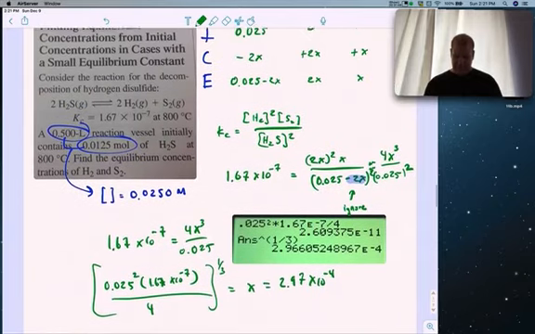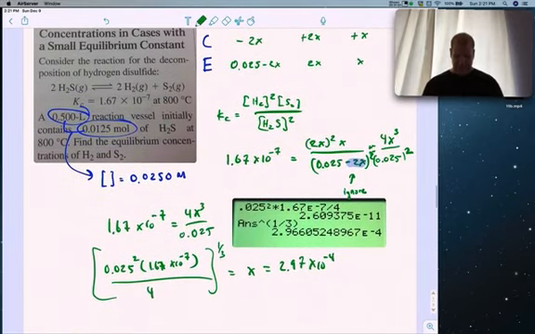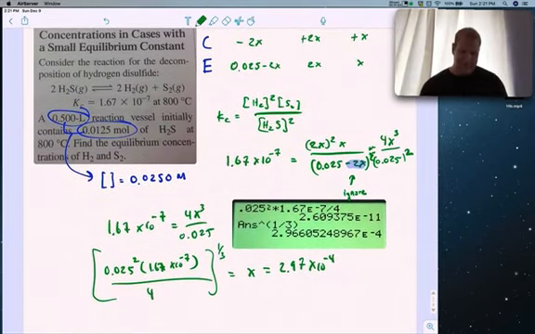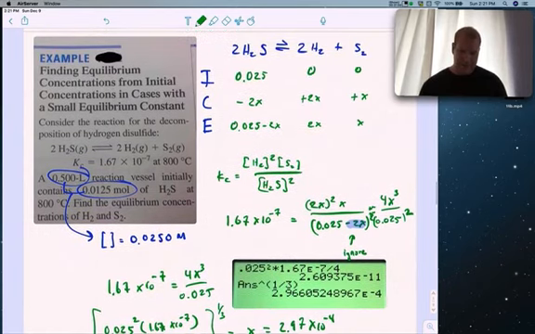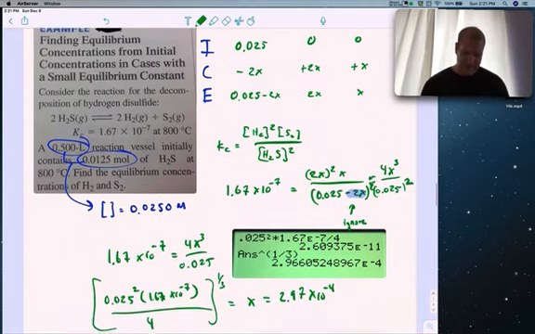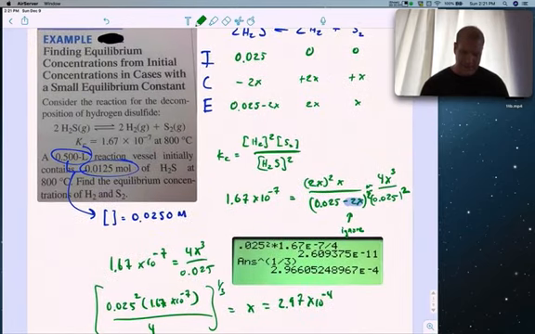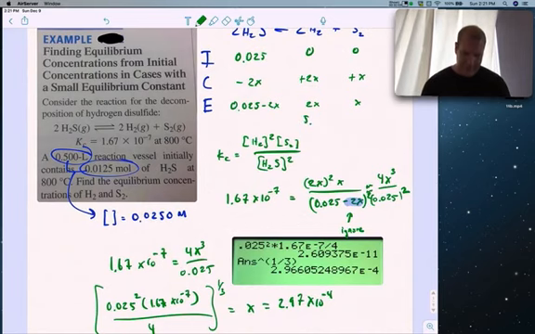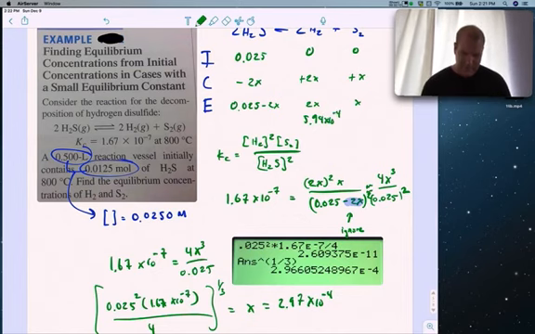But anyways, we solve for x, and I guess we have to do the equilibrium concentration. I didn't do this part. So the equilibrium concentration of hydrogen and sulfur: x is that. This is going to be 5.94 times 10 to the minus 4, and 2.97 times 10 to the minus 4 for that.